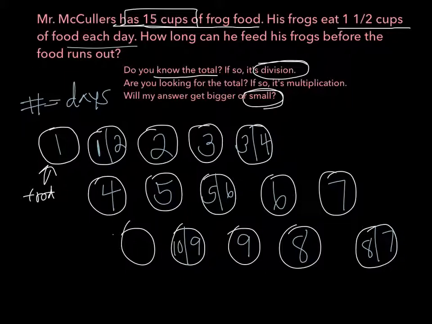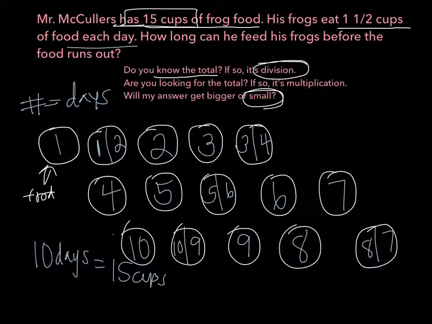And then I'm going to give the last half and whole to number 10. So number 10 is the number of days. And I used up all 15 cups of frog food. So my answer is 10 days.